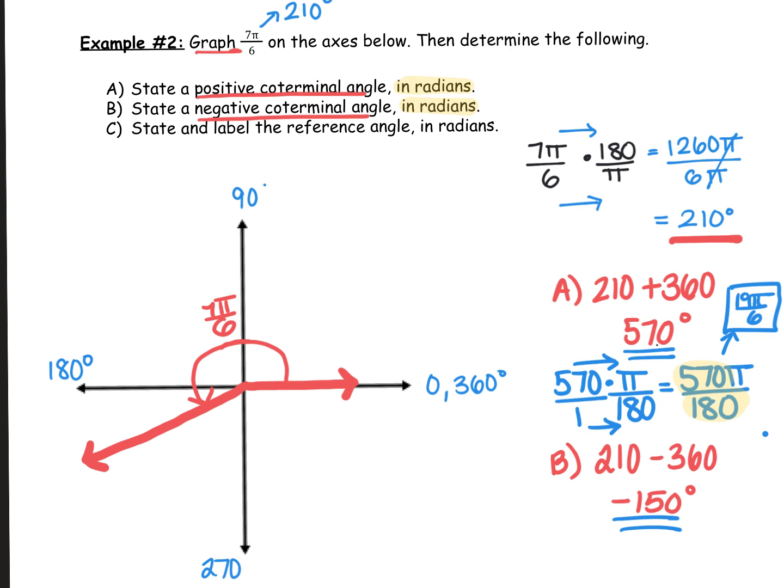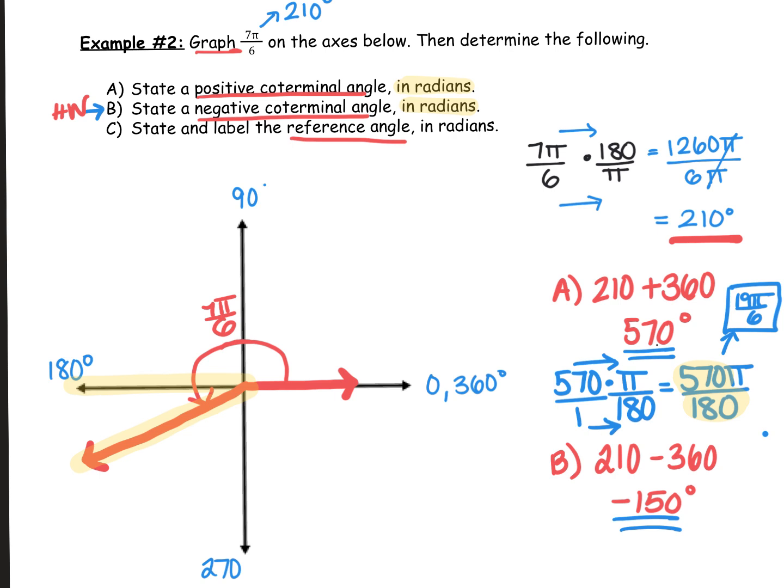I'm going to leave you guys to finish part B. I'll leave that for homework. You need to convert this negative 150 into radians. And then the last part is going to be to state and label the reference angle in radians. Remember the definition of a reference angle: a reference angle is the acute angle formed by the terminal side of the angle, this is my terminal side, and the x-axis, which would be here.